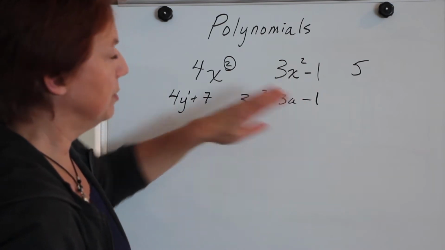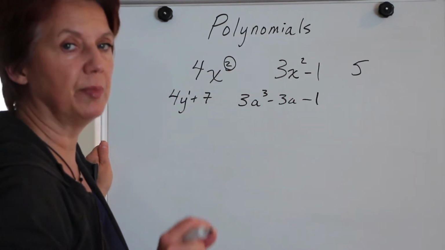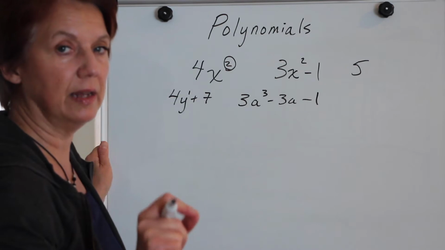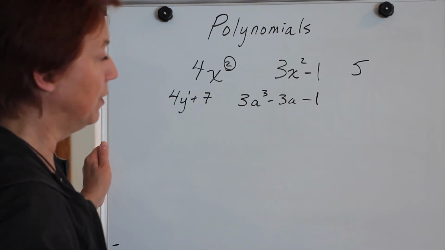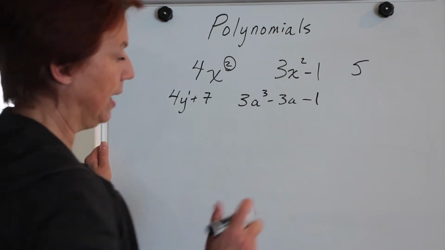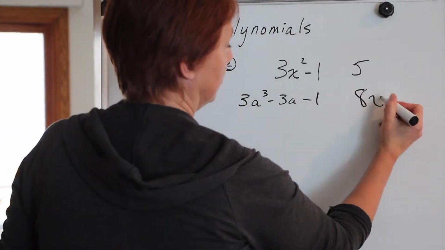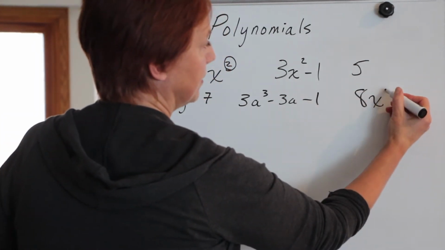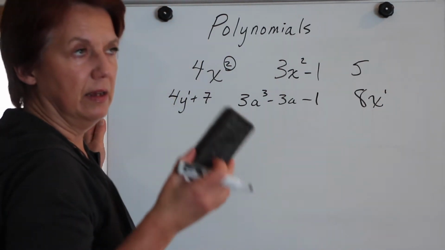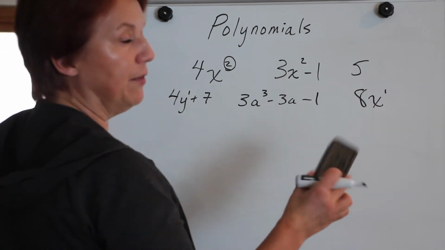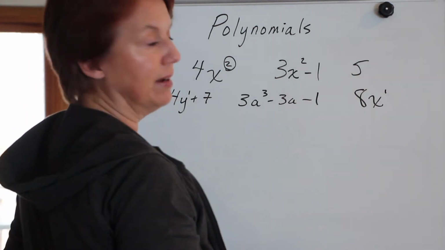It has 3 terms. So terms are separated from each other by plus signs, minus signs, and equal signs. And we haven't even dealt with equal signs yet in the videos so far. They're coming up soon, okay? This is a polynomial of degree 1. There's an invisible 1 on that. Okay, all numbers have an invisible exponent of 1 on them if you don't see an exponent. Even that 8 does, all right?